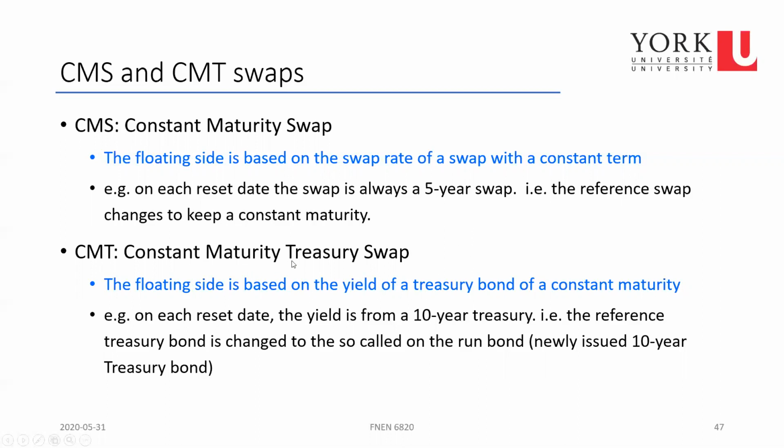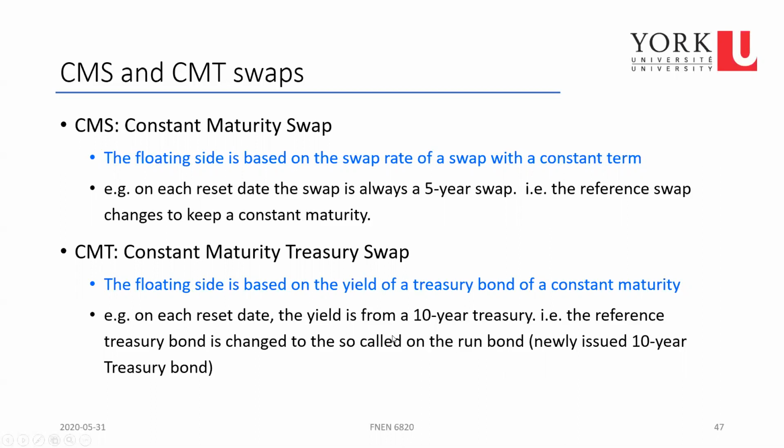The constant maturity treasury swap, which is CMT, has a similar concept where every time at the reset time, you take a yield of a constant maturity treasury bond.